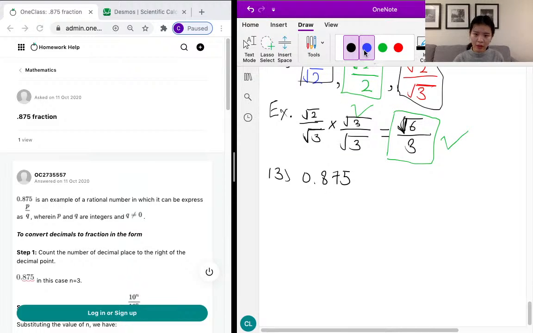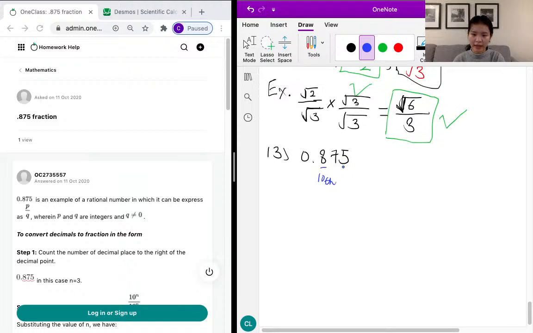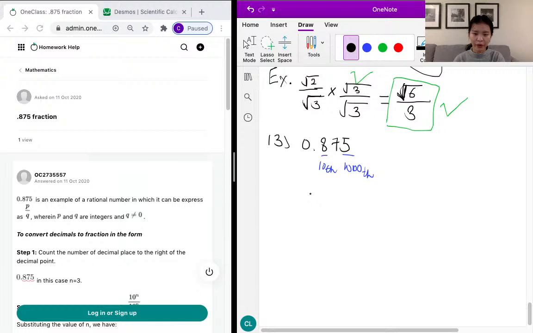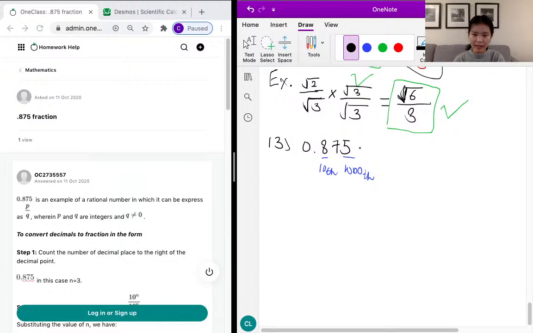Again, we need to see that the number 8 is in the 10th place, the number 7 is in the 100th place, and the number 5 is in the 1000th place. The 1000th place is the smallest place of this decimal.